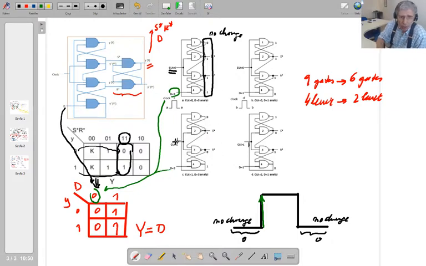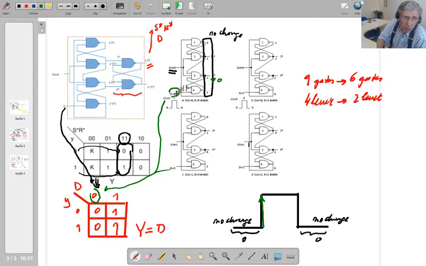Let's examine it now. When you make this clock 1, that is going to be 1, that is 1, that clock is 1, three ones multiplied, you get 1, prime of it is going to be 0. This 0 keeps that 1 as it is. Why is that?